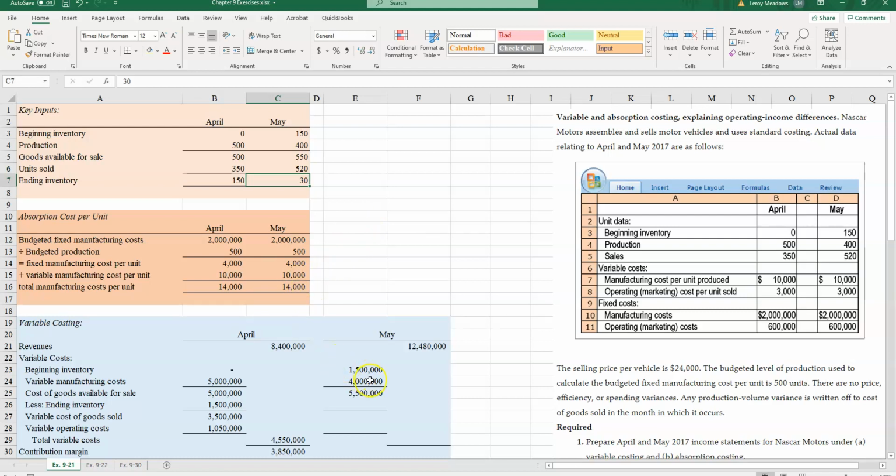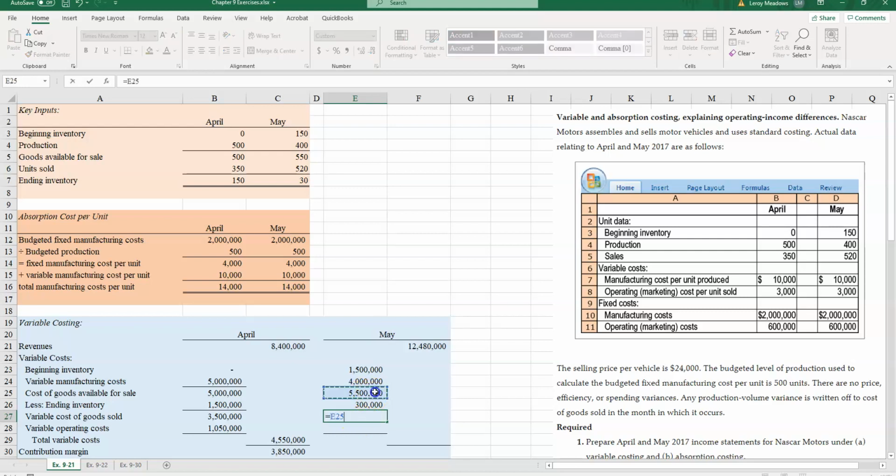Well, I have an ending inventory of $300,000 under variable costing. So what is my variable cost of goods sold under variable costing here? Cost of goods available for sale minus ending inventory. And when I do that, I get my variable cost of goods sold, $5,200,000.